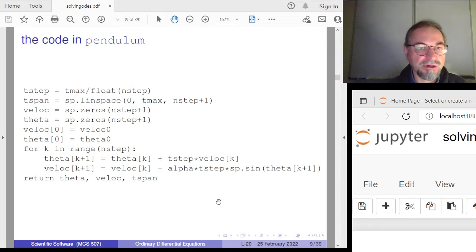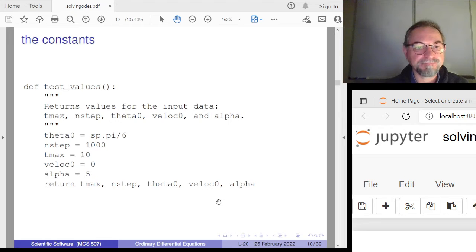We have our output. The output is the velocity vector and the angle vector, initialized with the initial velocity and the initial angle. And what this function does, it returns the vector of approximations for the angles, for the velocities, and then also the discretization for time, the time span.